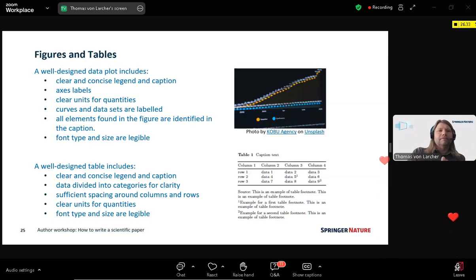And similarly for tables, ensure a clear and concise legend and caption. Divide your data into categories for clarity, and ensure sufficient spacing around columns and rows.